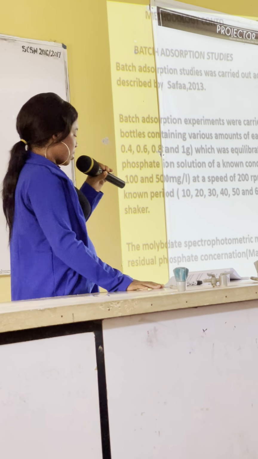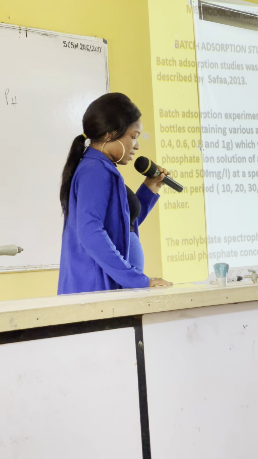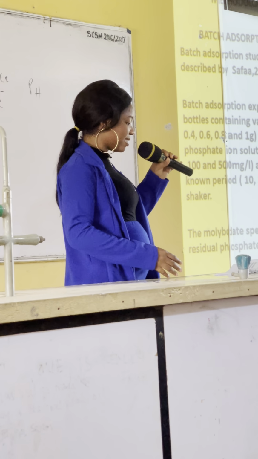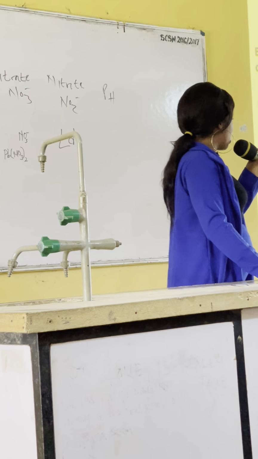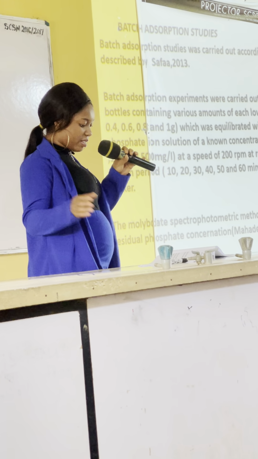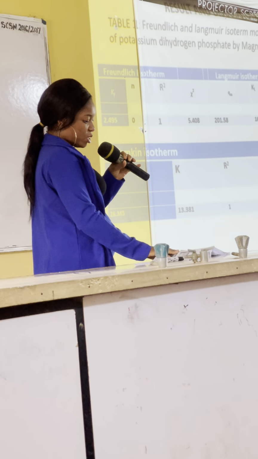Different phosphate solutions were prepared by the same method. The stock solution was further diluted in water to desired concentrations of 10 mg per liter to 500 mg per liter. Results.